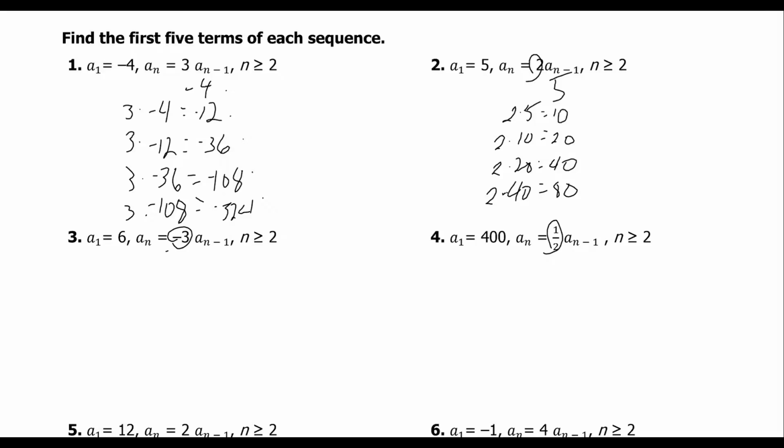Let's see, a sub 1 is 6, so we write 6 right there, and then negative 3 times 6 equals negative 18. Negative 3 times negative 18 equals 54.